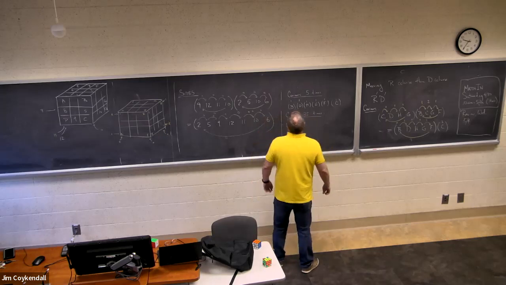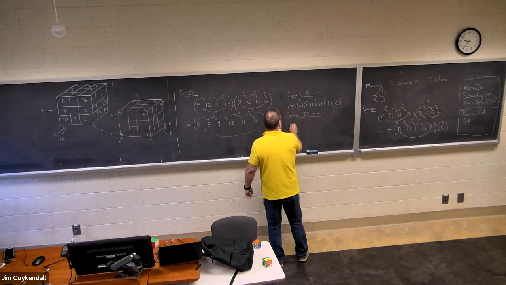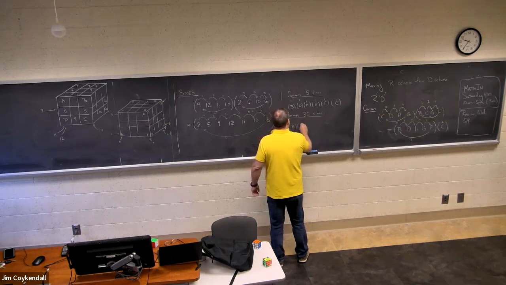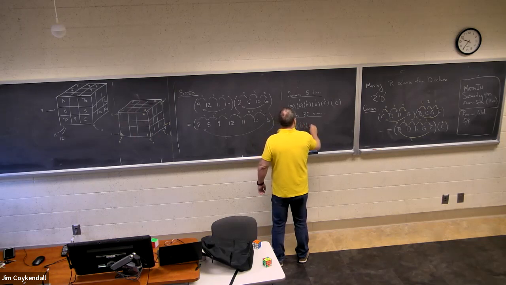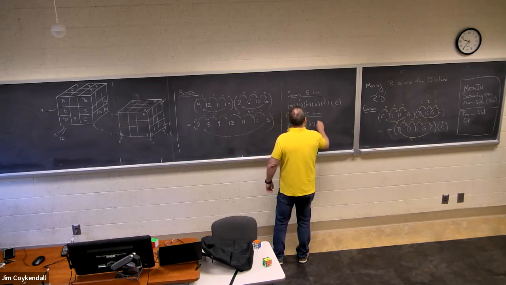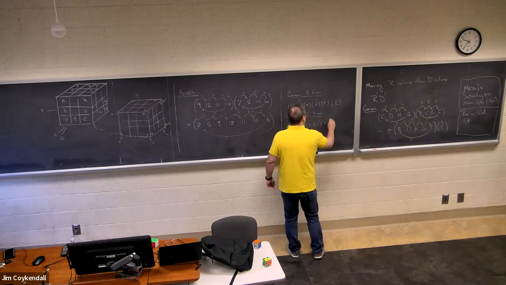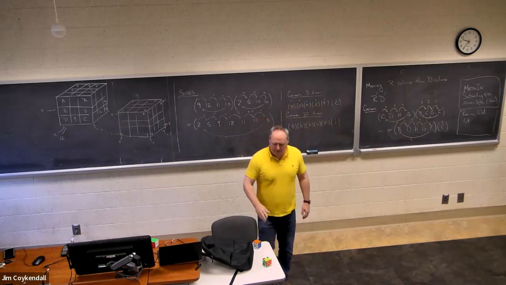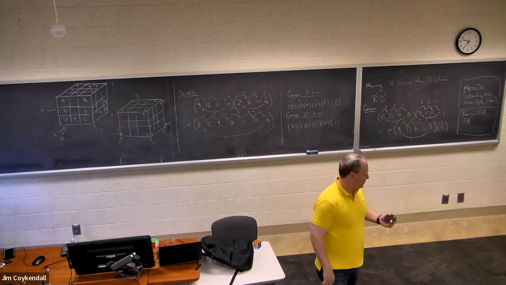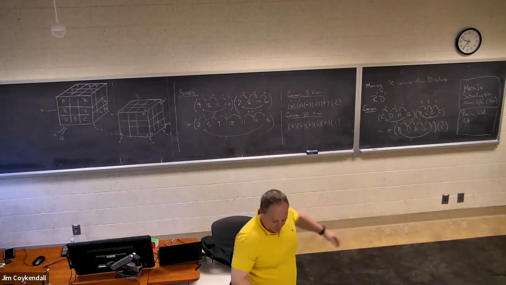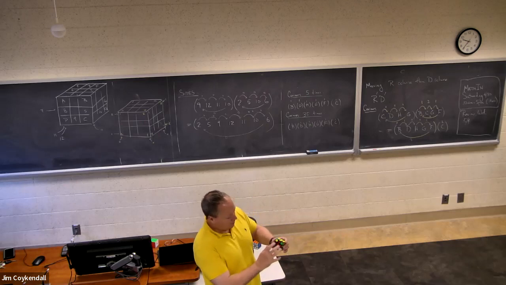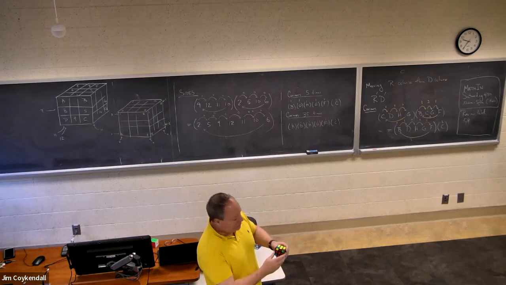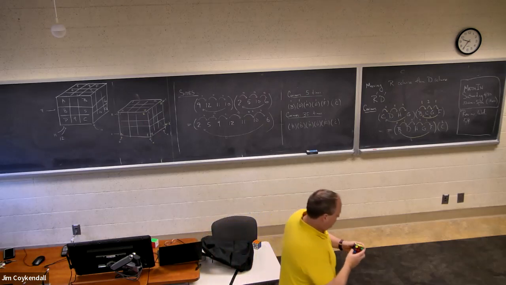So this is 7, which is 1. That predicts exactly what will happen if you do this 35 times. All your corners will be correct. See, they're all oriented correctly. In fact, every 7 times you get the corners correctly.